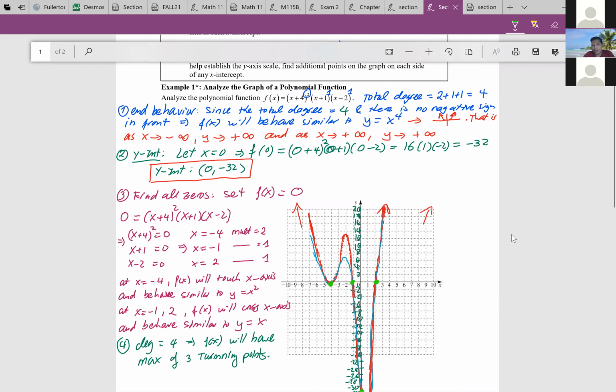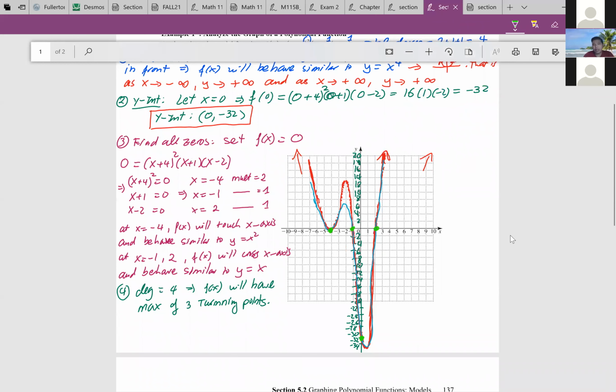Because on the exam, you will be expected to have all of this listed out: end behavior, y-intercept, x-intercepts meaning the zeros, and multiplicity of the zeros, and what each multiplicity will do to the curve. And then you use all that information and plot the polynomial, okay? Because you can plot the polynomial using a calculator, but that's not going to count if you don't list out all the steps that you went through.